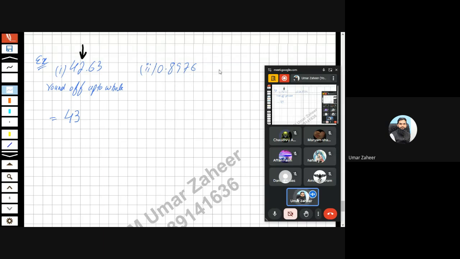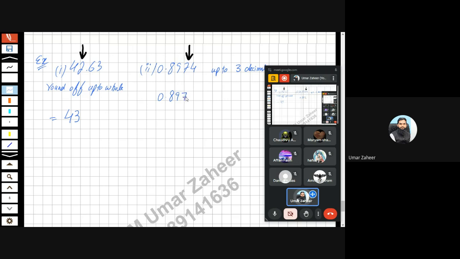Here, for example, I have to write up to 3 decimal places. So this is the first decimal place, the second, and this is the third one. So round off, it is 0.897. The 7 will still be 7 because the number after 7 is 4, that is lesser than 5.